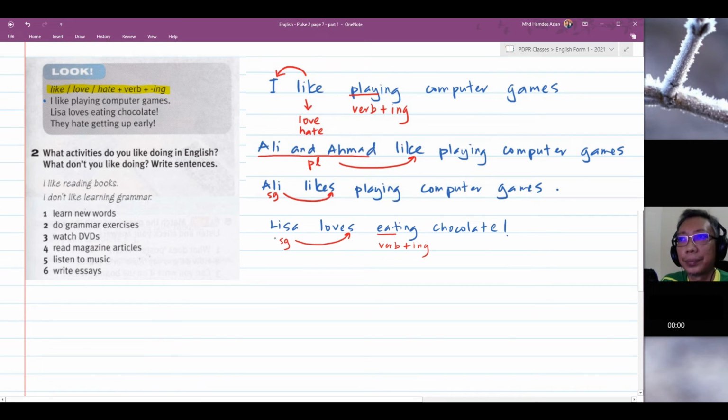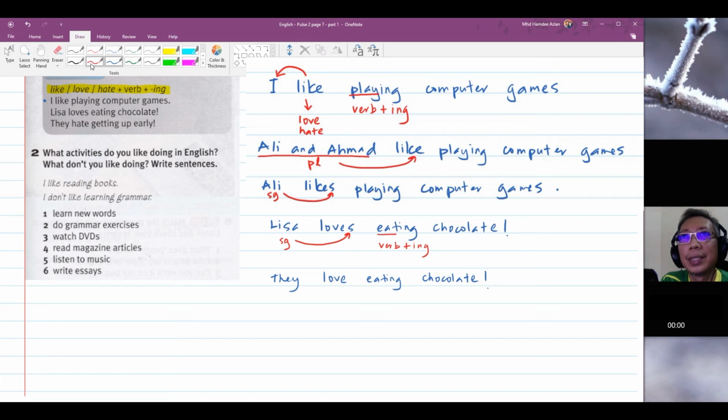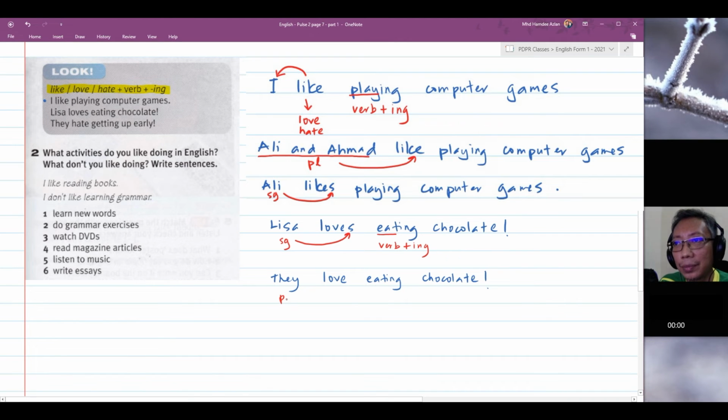So let's say the subject is they. They love eating chocolate. The subject now is plural. So love, you don't have to add s. Okay?